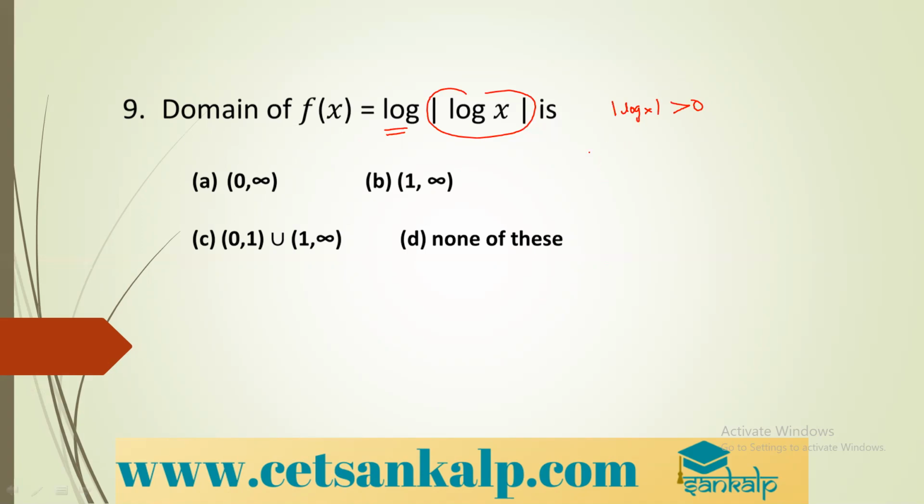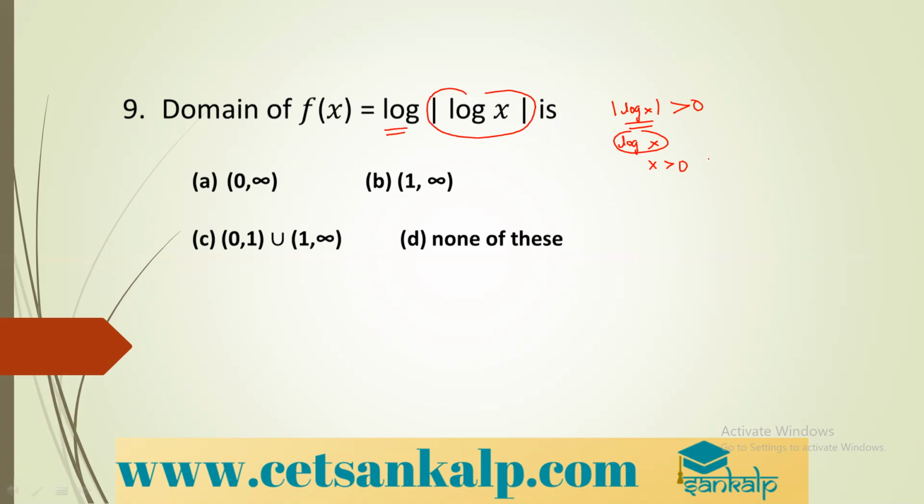But you have to see that log x also is there. Inside this, log x is also there. That means this x has to be greater than 0, because you are talking about this log x also. For log, x has to be greater than 0.